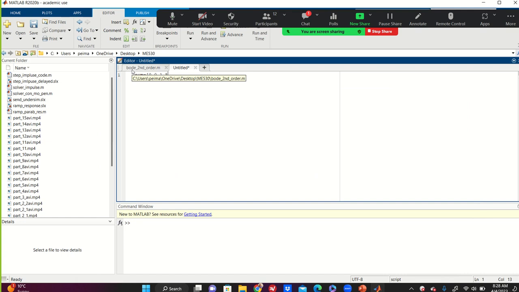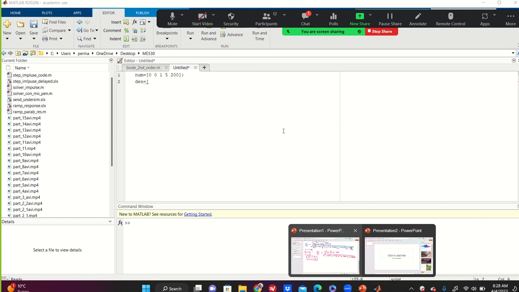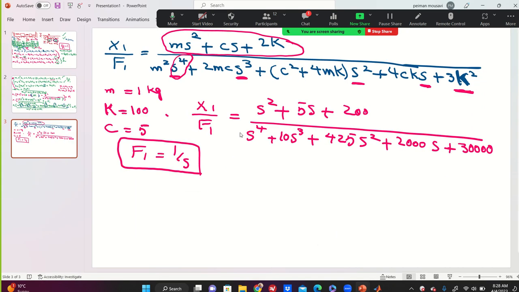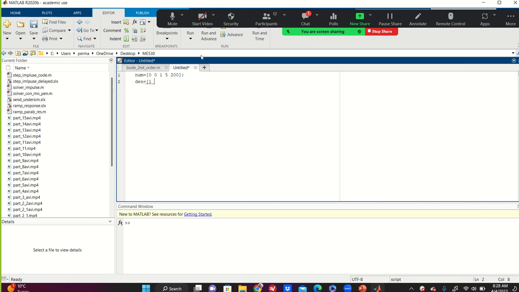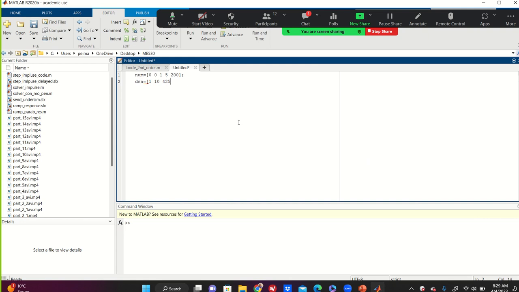Can you read the numbers for me in sequence? 1, 10, 425. Can you read from your notes?